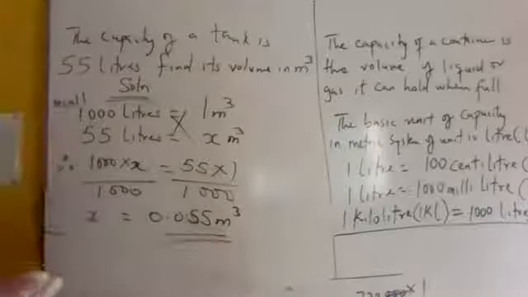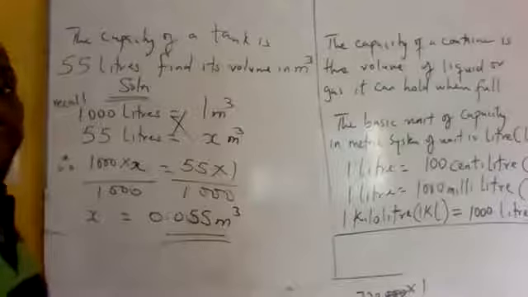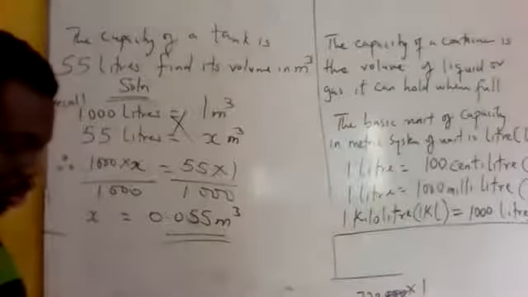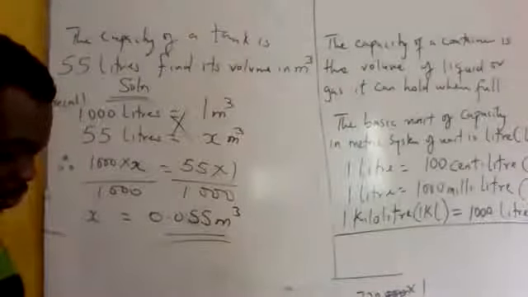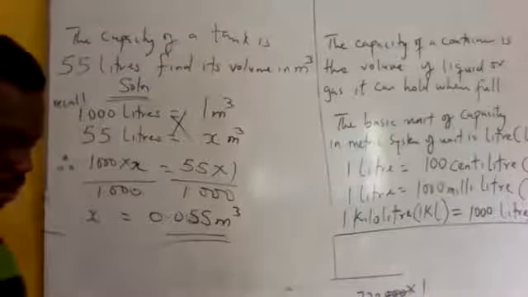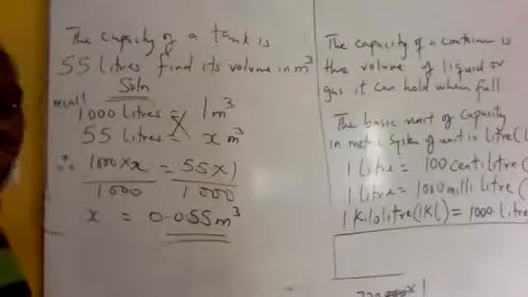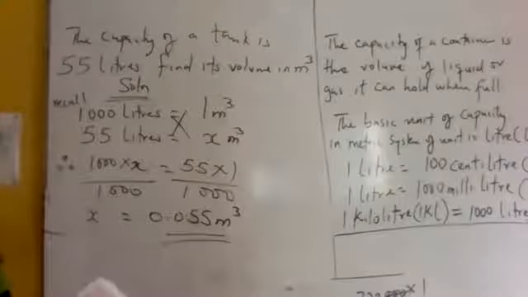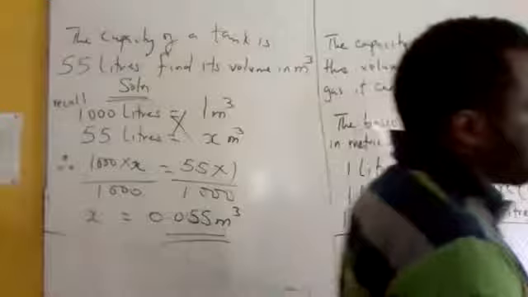So what it means is that 55 liters is equivalent to 0.055 meter cube. So moving on and on like that, that is how you solve questions on it. All you just need to do is to ensure that you use your table, you compare your table, and then you get your answer.